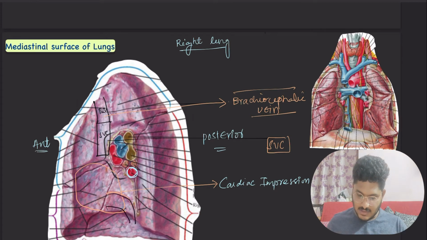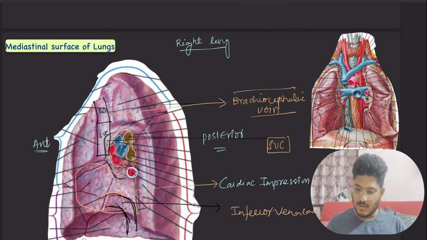So this is the impression for inferior vena cava, or IVC. As we already discussed, the right lung mediastinal surface is more related to venous structures. That's why we have the cardiac impression, just above the cardiac impression the superior vena cava impression, and then above the superior vena cava, this is a groove for brachiocephalic vein.